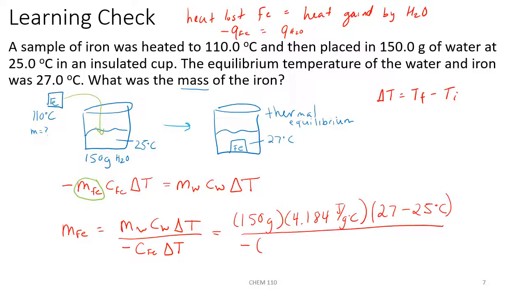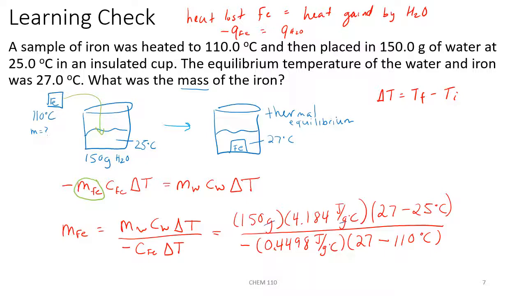Our specific heat for iron is 0.4498 joules per gram degree Celsius. And our change in temperature for our iron, the final temperature was also 27 degrees minus the starting temperature of 110 degrees Celsius. And you can double check that your units are all going to cancel.